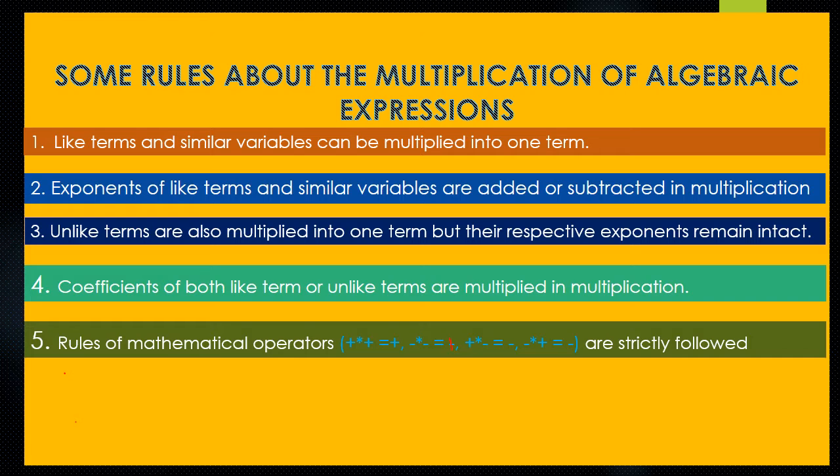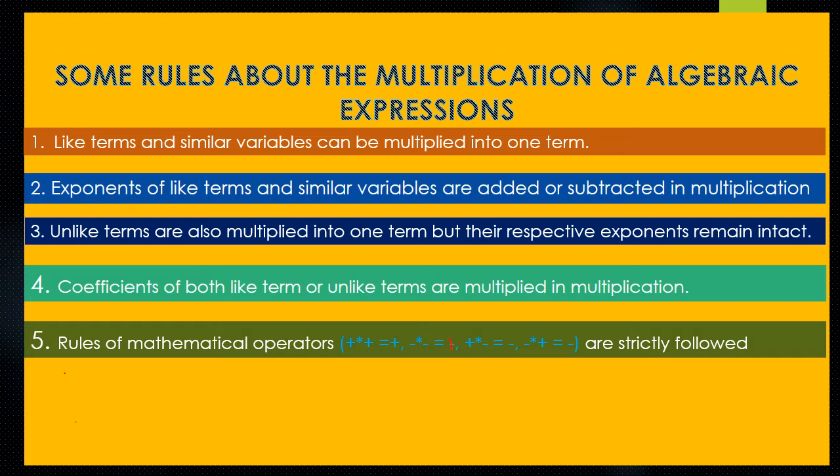Mathematical operators are plus and minus, multiplication sign and division sign. So rules of mathematical operators mean that if we multiply plus sign with plus sign, we will get plus. If we multiply minus sign with minus, we will get plus.